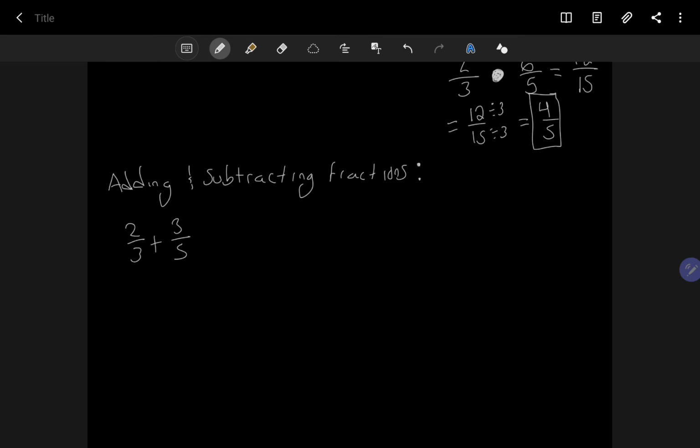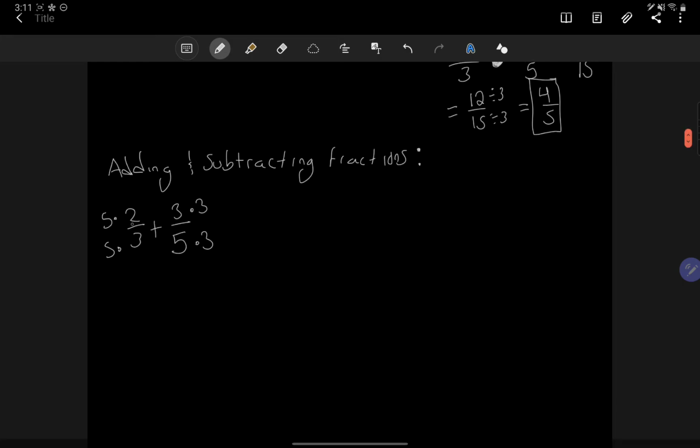Okay, and so from here, we want to make sure that we have the same denominator. So one way to always do this is you can just multiply them by each other. So I can multiply both of those by the 5, or I can multiply the other ones by the 3.